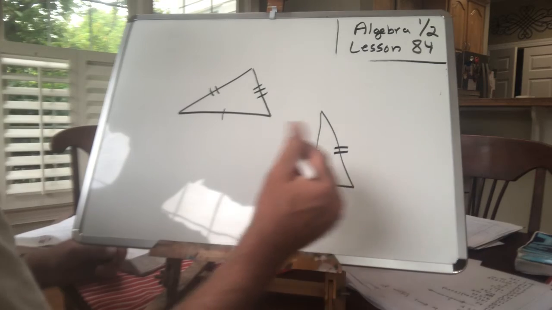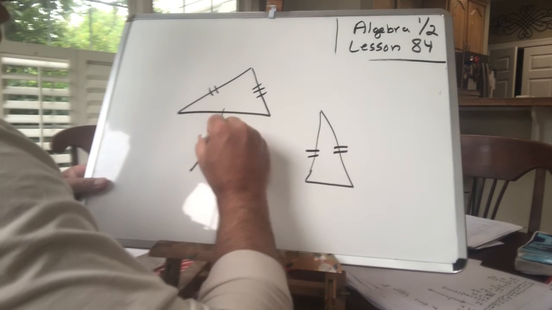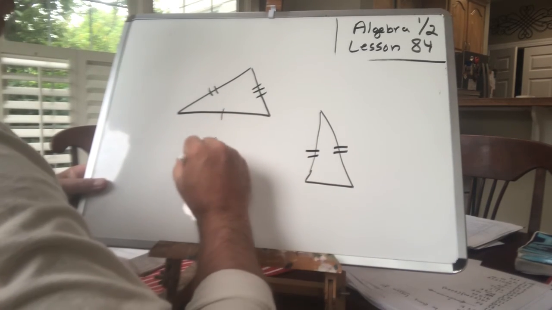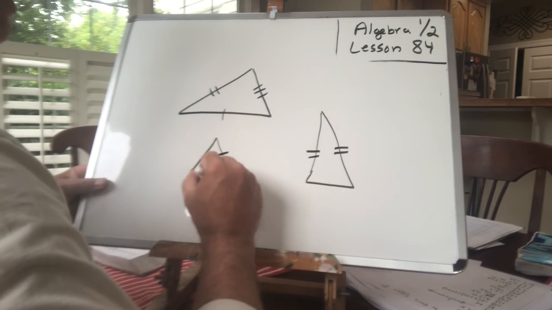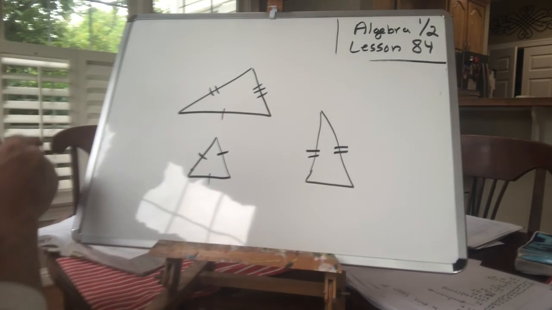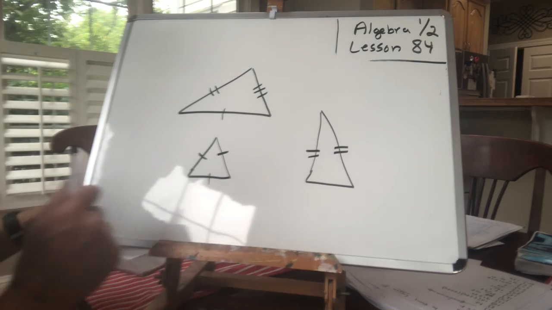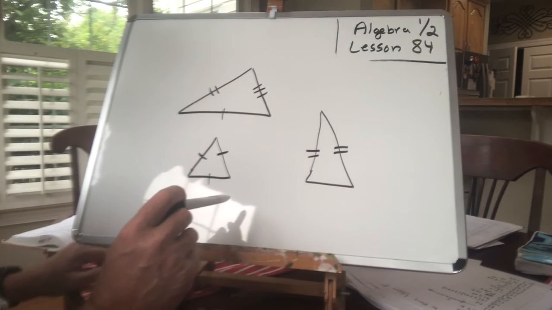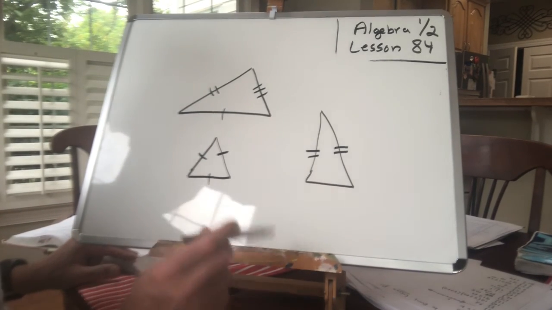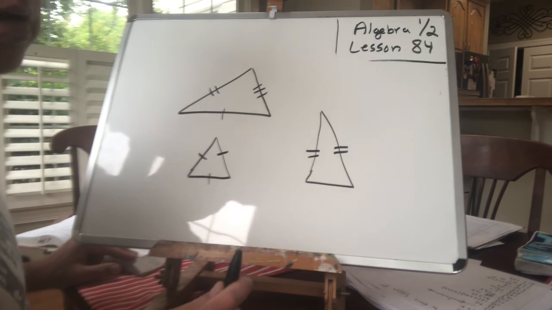And obviously the one I did say earlier is equilateral. Equilateral means this side is equal to that side, and that side is equal to that side. They're all the same. An equilateral triangle is also called a regular triangle.